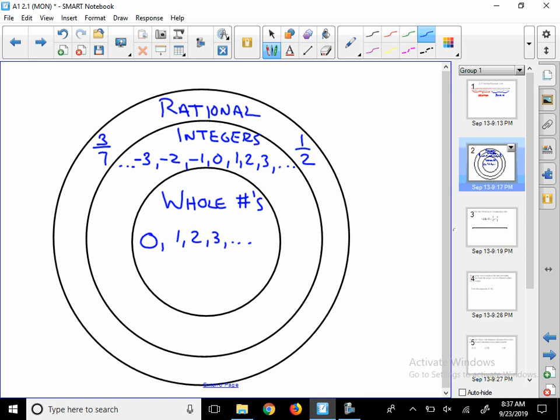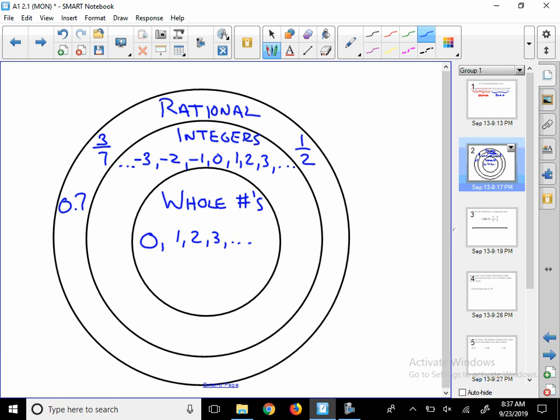There are also decimals that can fall into rational. If the decimal terminates, or ends, terminates means end, so for instance 0.7, that decimal ends, that is a terminating decimal. We can write that as a fraction.